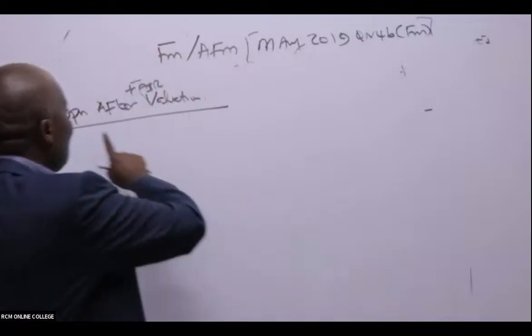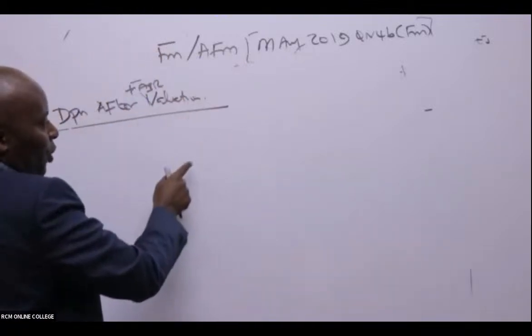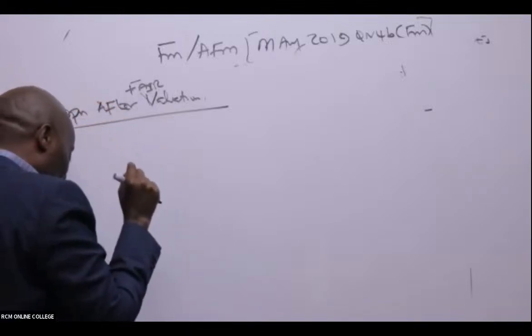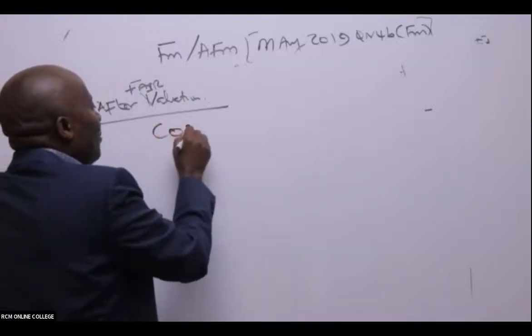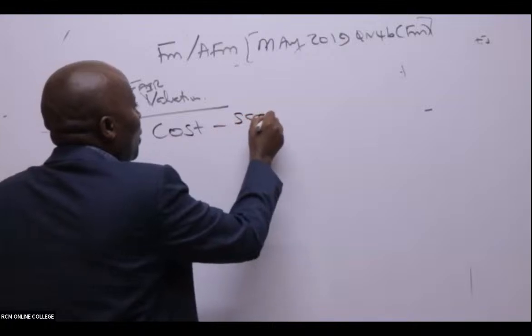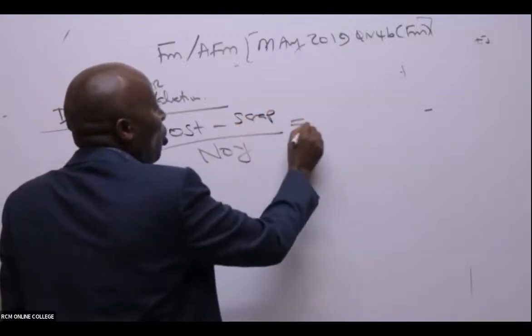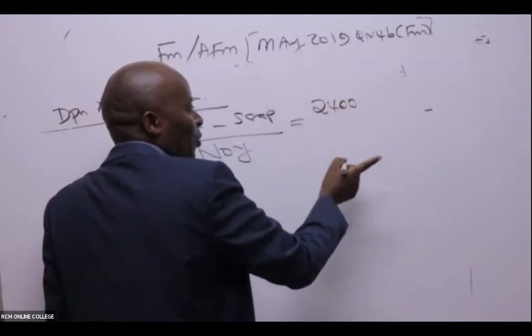So come and give me the depreciation of the existing machine after fair valuation. How will I do this? It is still straight line. So I'm taking the cost minus the scrap value over the number of years. The cost will be this net book value, which you gave me as 2,400.